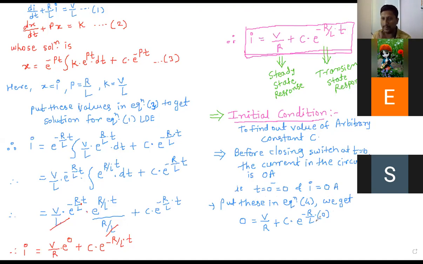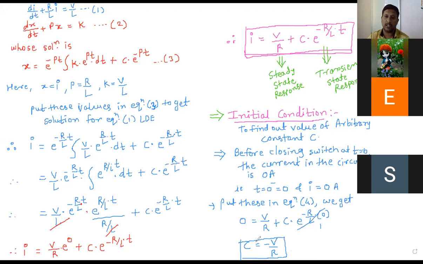So e raised to 0 means 1. So 0 is equal to V by R plus C. So what is the value of C? Minus V by R. C is nothing but minus V by R.